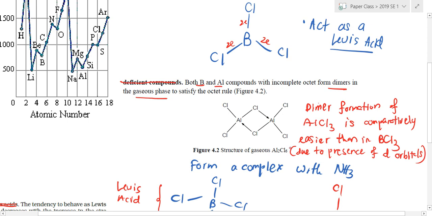If you write the electronic configuration of boron, it is 1s2, 2s2, 2p1. The third principal quantum number has not started yet. But if you consider aluminium, 1s2, 2s2, 2p6, 3s2, 3p1.